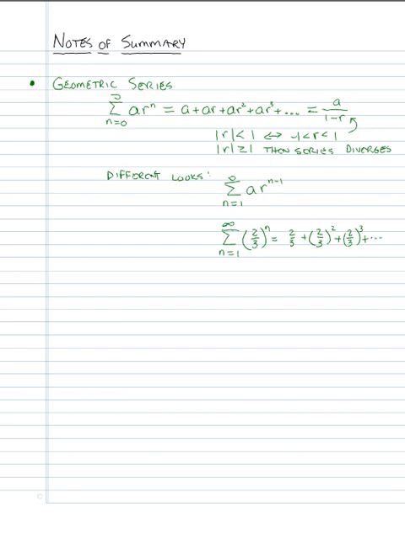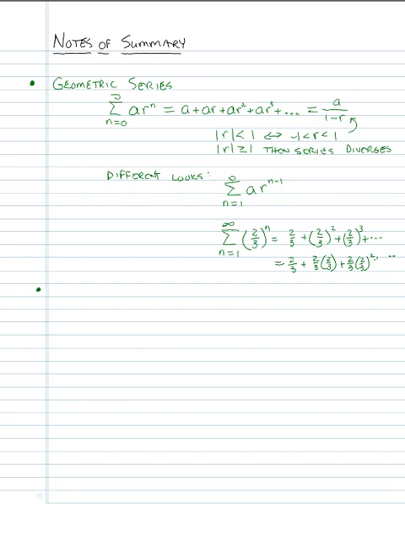And we might notice that we could write that as 2/3 plus 2/3 times 2/3 plus 2/3 times 2/3 squared, and we could continue in this fashion. So we see here the a is 2/3 and the r is 2/3 as well. That's an important concept to keep in mind, that sometimes geometric series are hidden or disguised from us a little bit. Not on purpose, but that's just the way they're written.